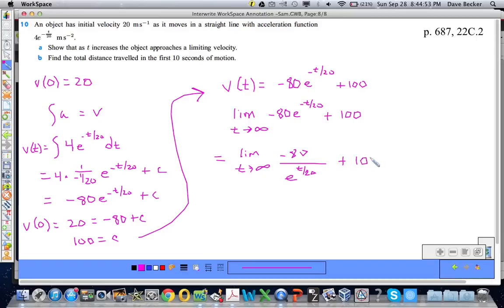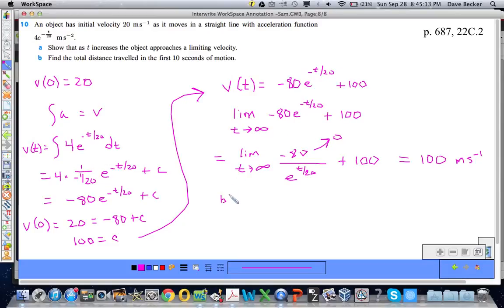So we still have the plus 100. This term goes to 0, so the limit is simply going to be 100. The limiting velocity is 100 meters per second, because this term goes away as t goes to infinity.